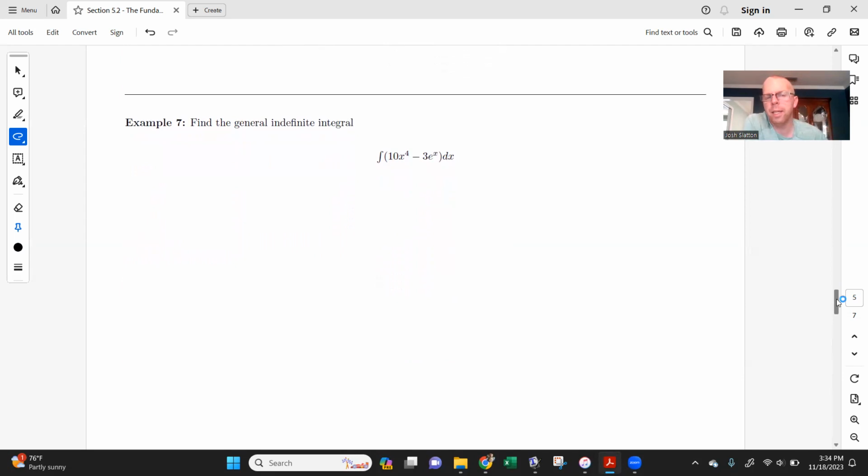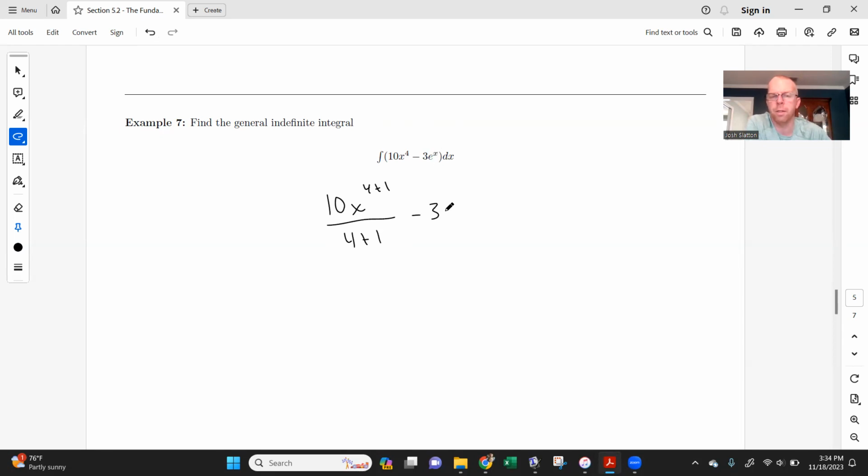So general indefinite integral or indefinite antiderivative. So the antiderivative of 10x to the fourth, we have 10x, add 1 to the exponent, divide by the new exponent. The antiderivative of e to the x is e to the x.